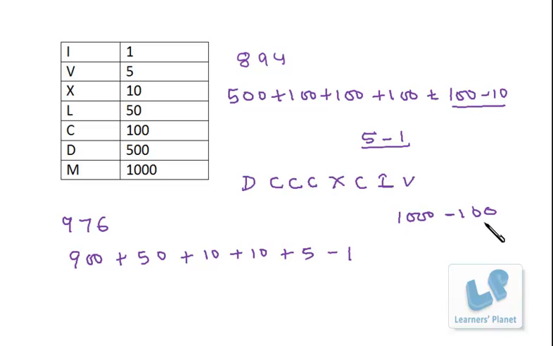Okay, so 1000 minus 100, that is C before M. Okay, so it's C, M. What is 50? It's L, then it's X, X, and 6 is 5 plus 1. So it's V and I. Okay.